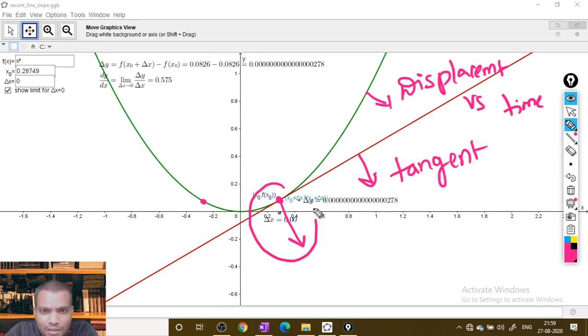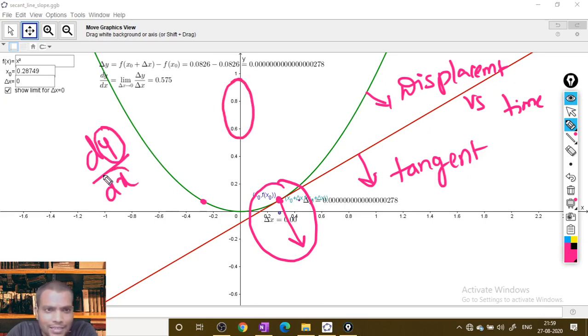I need to calculate the slope of the tangent to the curve. How can I calculate that slope? I can calculate it using a mathematical operation known as dy by dx. Here y is the variable along the y-axis, and x is the time present on the x-axis.